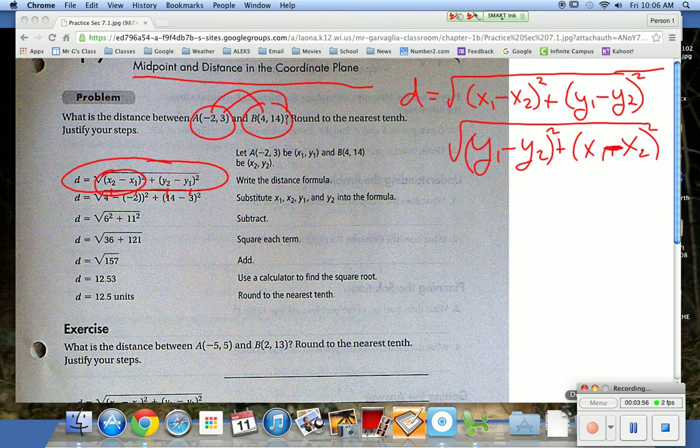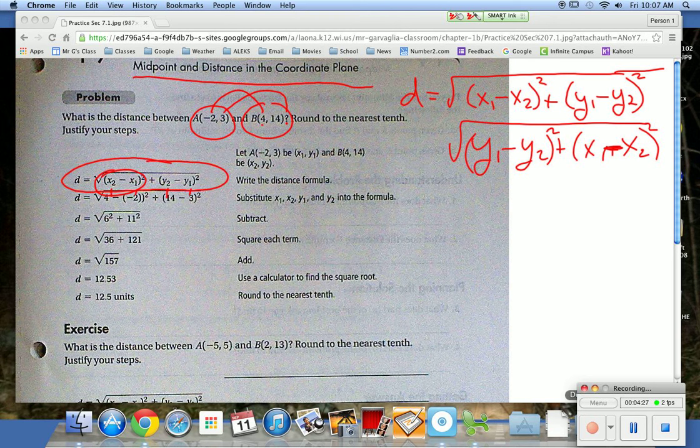I can switch these around. Here's the only key thing: whatever order you keep it in, if you go x1s to x2s, y1s to y2s, you have to keep them in that order. You can't go x1 to x2 and then backwards, or can you? Yeah, you could. Why would it work? It would, because you're squaring it, it's going to come up positive anyway.